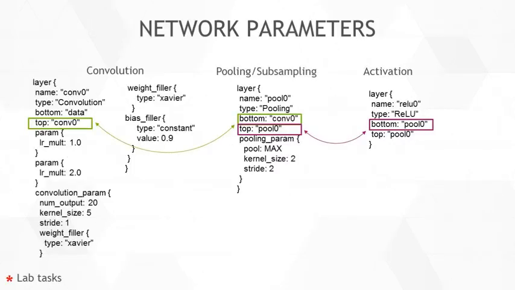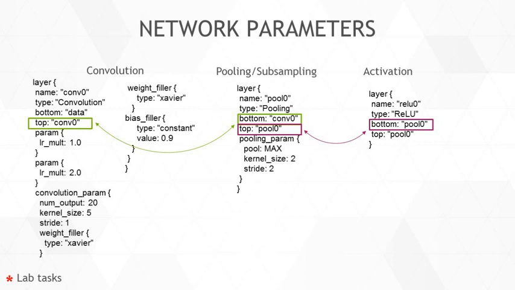So, network parameters. When I want to add a new convolutional layer, pooling, and an activation function to my neural network, I'm going to add things to my customized window, to my text file that describes my neural network.